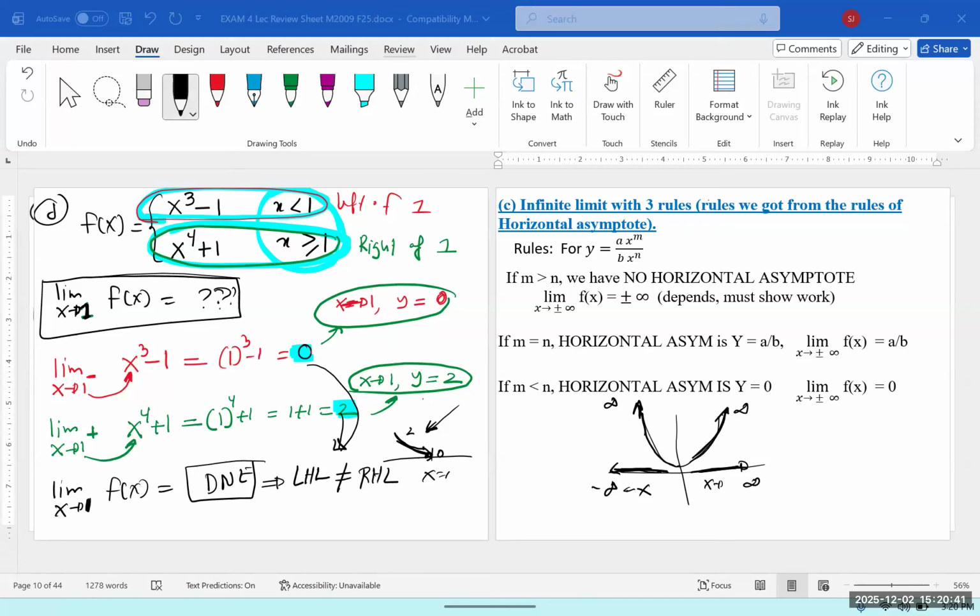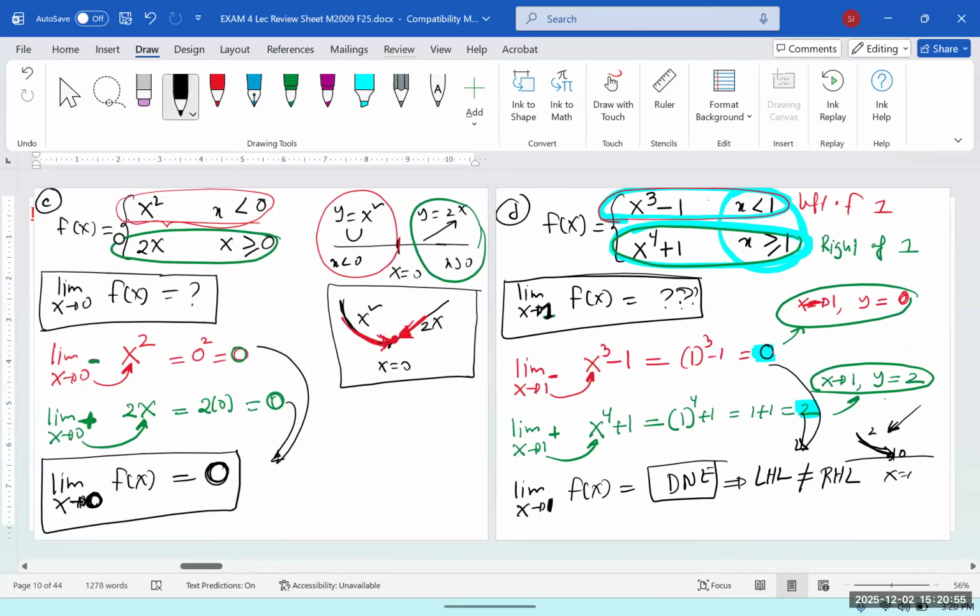So if the left-hand limit and the right-hand limit are the same, then the exact limit exists and it's the same number. For example, if you look at the left page, the left-hand limit was 0 and the right-hand limit was also 0.